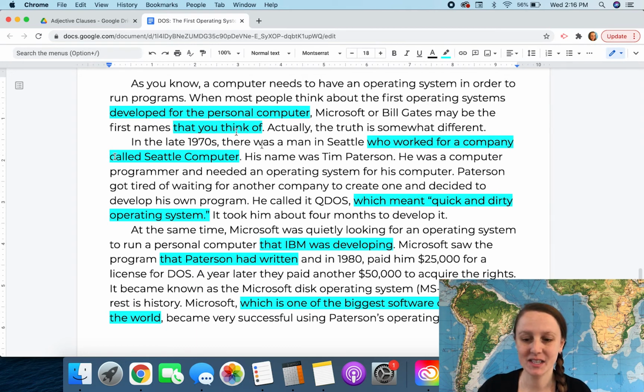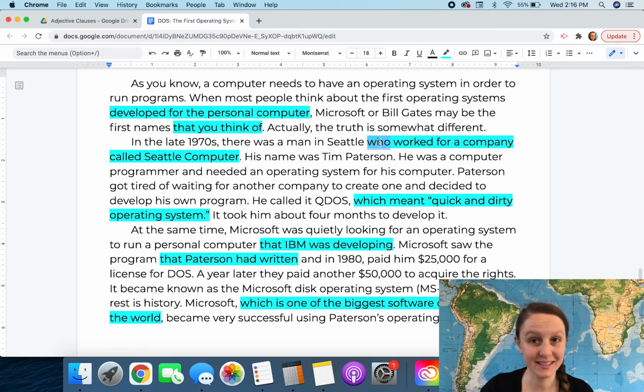Now let's go back to the one right before it. Who worked for a company. Now this one has who, it's a subject relative pronoun, but worked, we don't have a be verb. So in this case, with our subject relative pronoun, but not a be verb, we have to do something a little bit different.